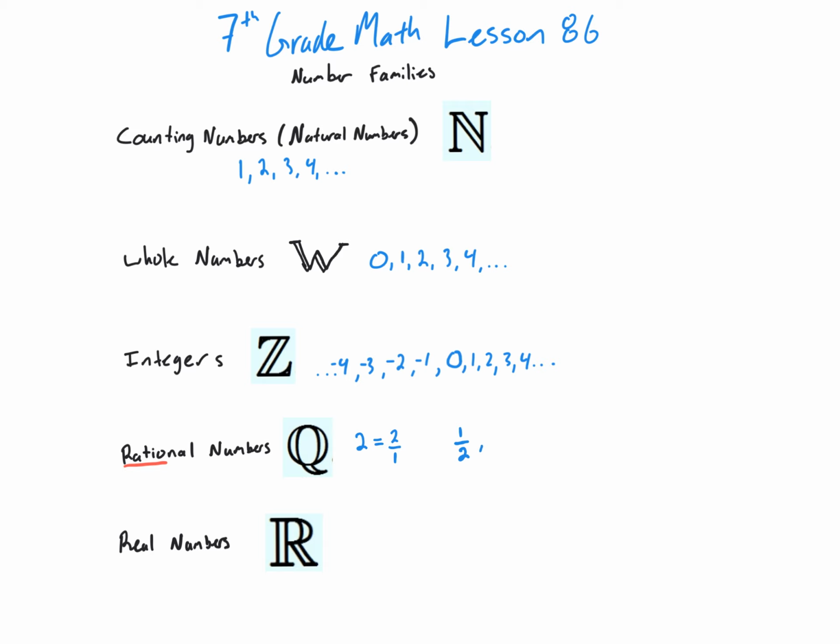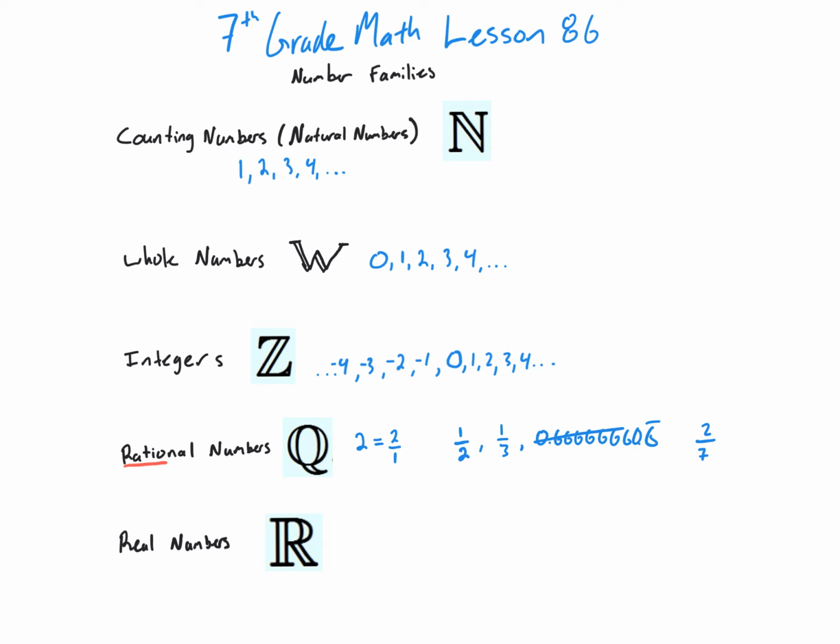And it includes numbers like 1/3, or 0.6666666, just 6 repeating. Numbers like 2 and 2/7, or different things like that. So any number you can write as a ratio goes into that rational number category.